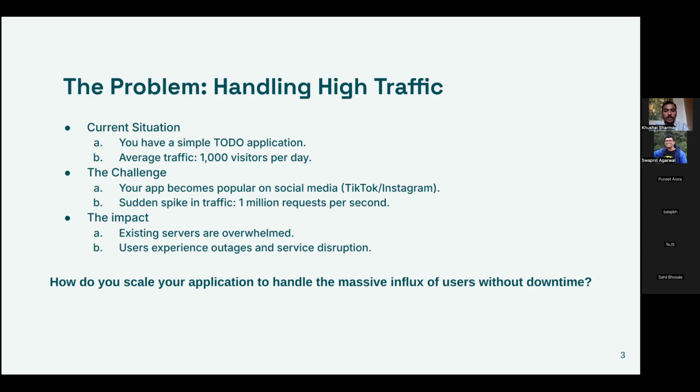But somehow visitors increase to 1 million. Now your servers aren't expected to get this many requests, right? So they'll get overwhelmed and most likely break in production. So the question is, if this situation arises again, how will you handle the influx of users without any downtime?